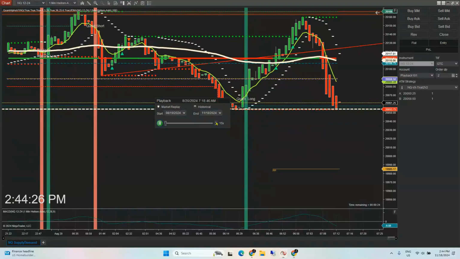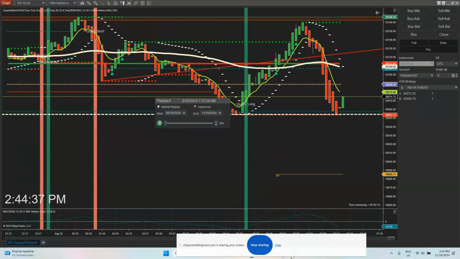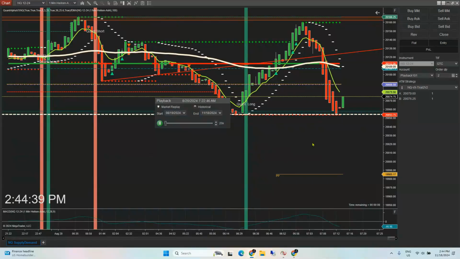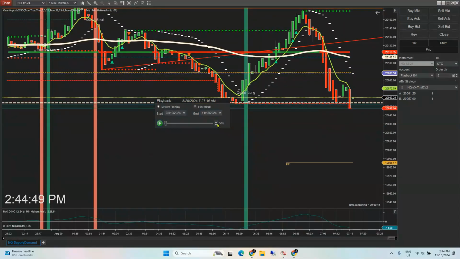No short signal. Make it a little bit higher. Move it faster a little bit. 7:23, still no trades. I'm gonna move it a little bit higher. Let's see.